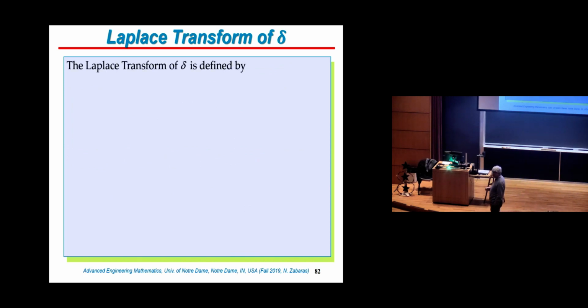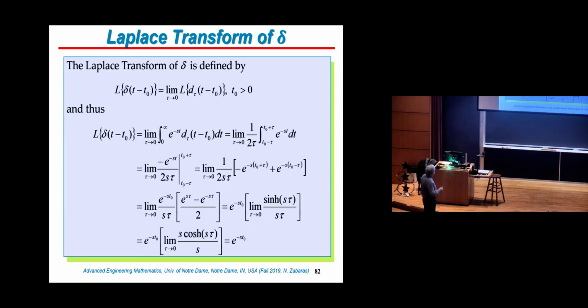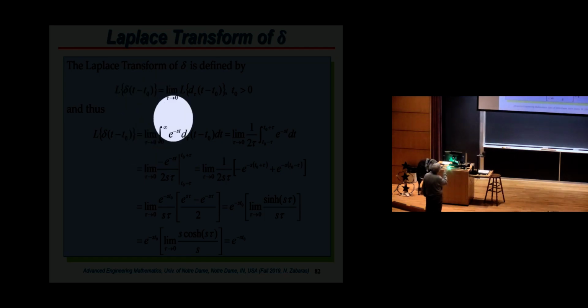All right, the Laplace transform now of a delta function. I am not going to do the derivation by taking that little step function that I had before and taking the limit as tau goes to 0. You know what I'm going to do? I'm going to put this delta function directly inside the integral there. Forget this limit, forget the proof here.